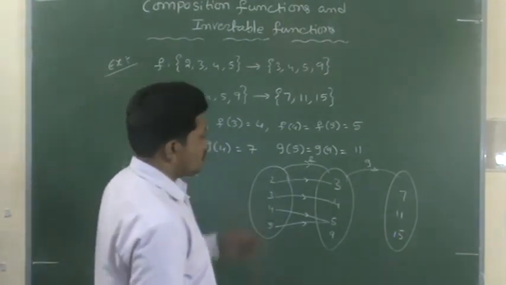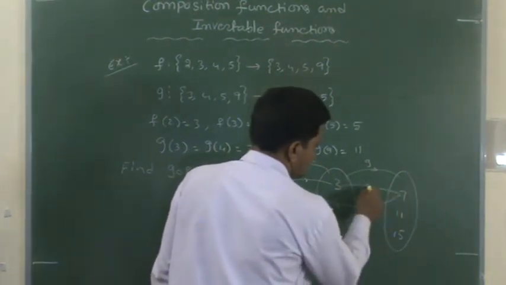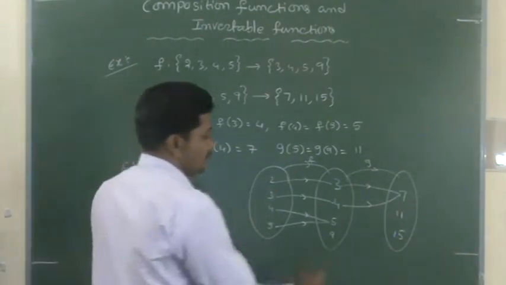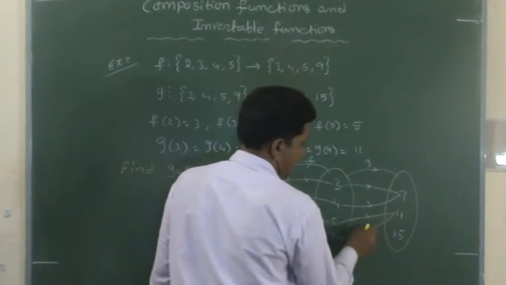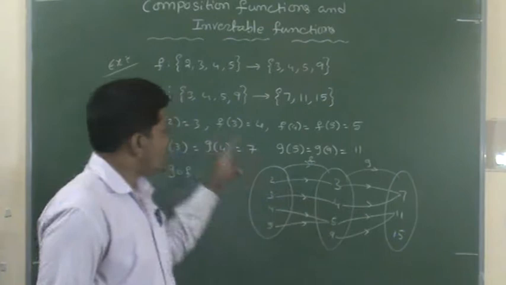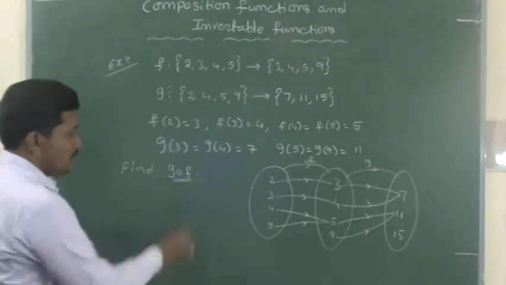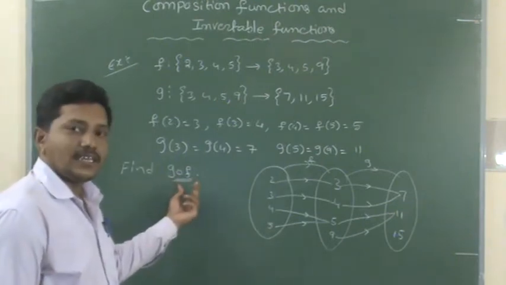Next, what about the G function? 3 and 4 map to 7, and 4, 5, 9 map to 11. This is the diagrammatic representation of this problem. Clear? Now I want to find G circle F. How to find the composite function G circle F?